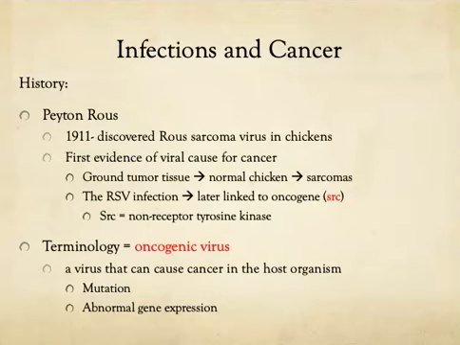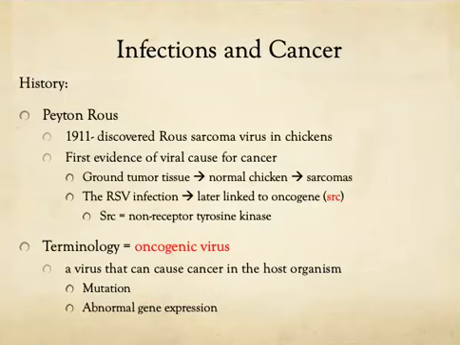And what happened was some of those chickens that were fed the cancer tissue developed the same type of sarcoma. So what Rous showed was that a viral infection that causes a tumor, a sarcoma in chickens, can in fact be transmitted from one chicken to another. Not only can the virus be spread, but the cancer can be spread because of the viral infection.